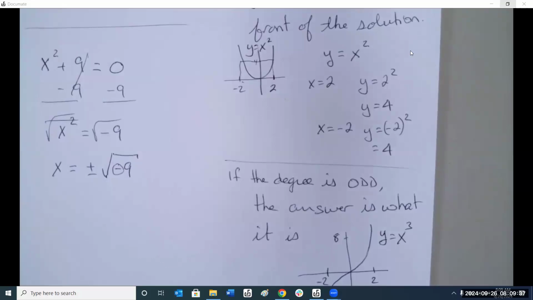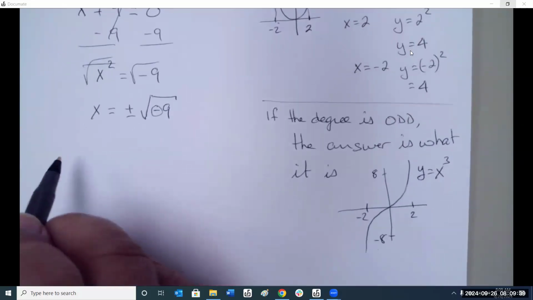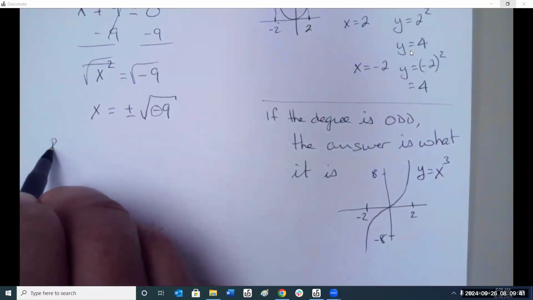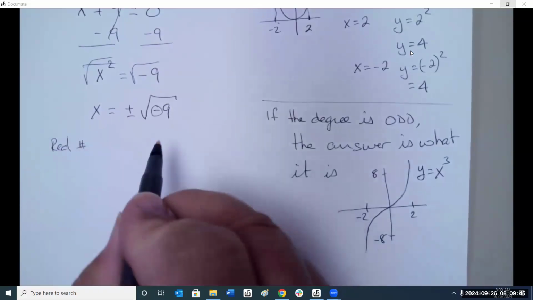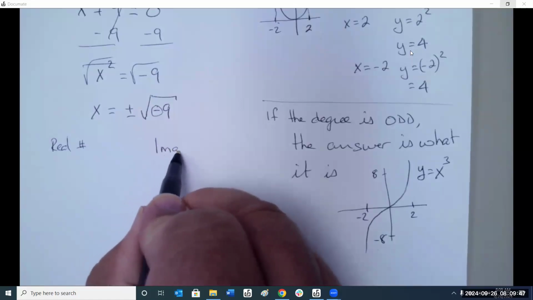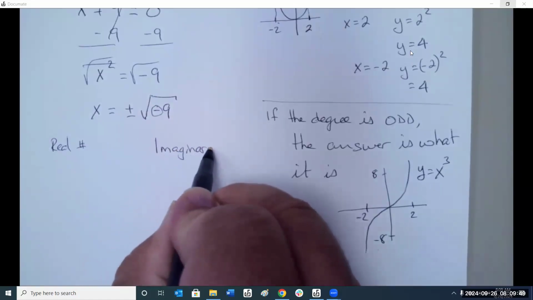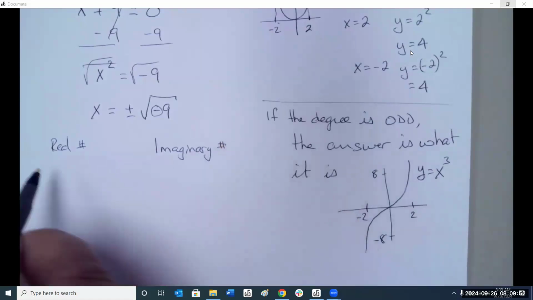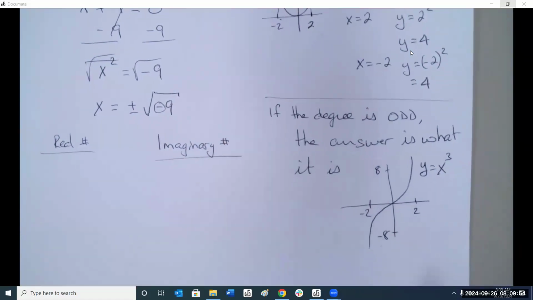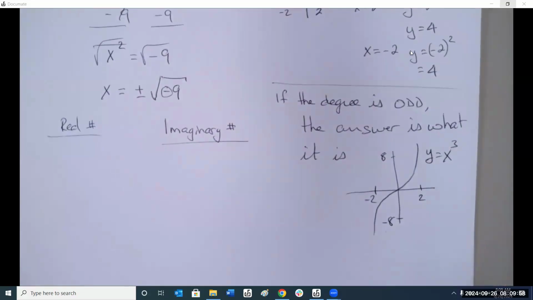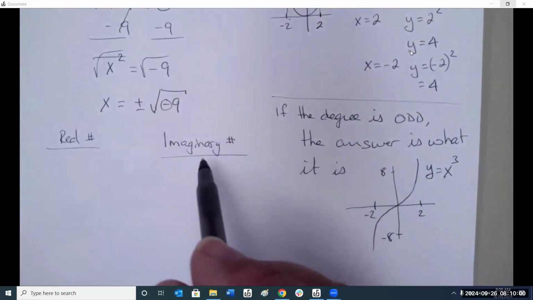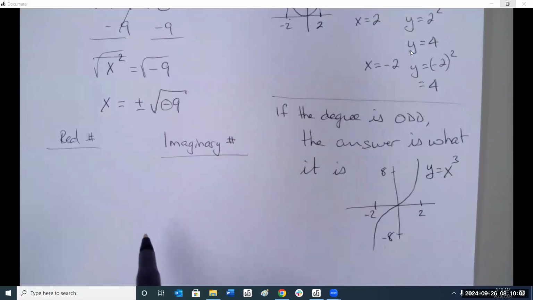So in our realm, we have two types of numbers. We have real numbers and imaginary numbers. By definition, you know the definition of imaginary numbers?